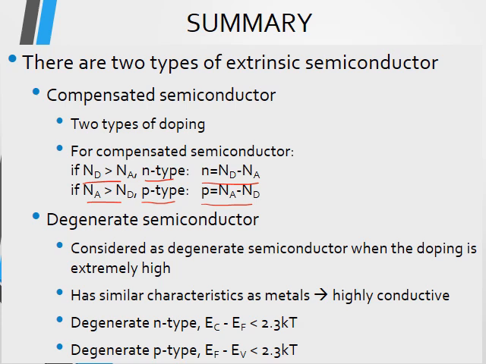For a degenerate semiconductor, it is considered degenerate when the doping is extremely high. The degenerate semiconductor has similar characteristics to metals, which means that it is highly conductive. For a degenerate semiconductor, for n-type, Ec minus Ef must be smaller than 2.3 kT, and for p-type, Ef minus Ev must be smaller than 2.3 kT.